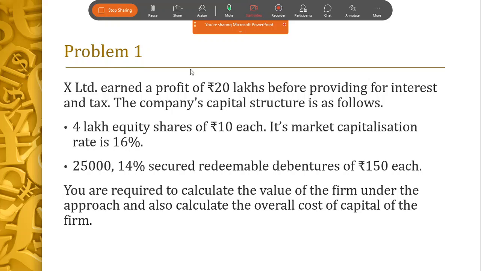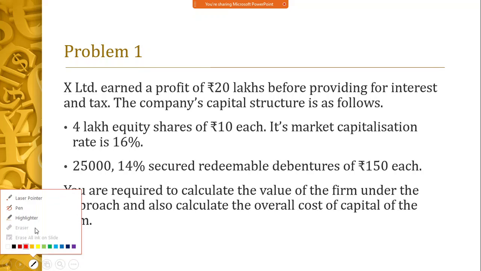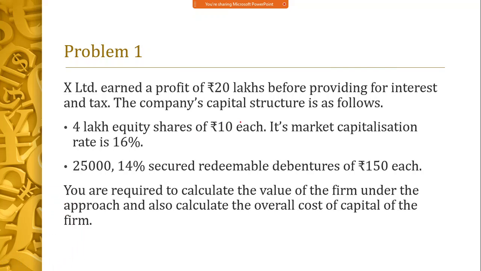See, the things which are being given here is that the earnings before interest and tax of company X is rupees 20 lakhs, and in its capital structure it has two funds, that is equity shares and debentures.